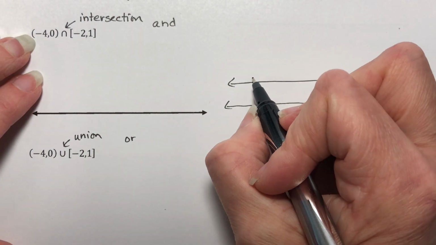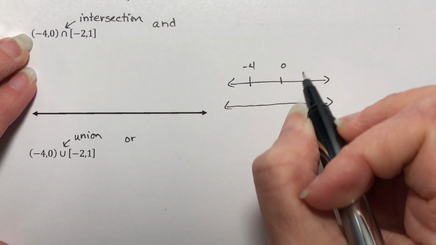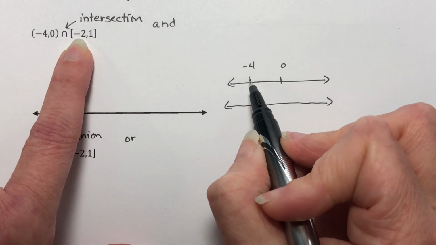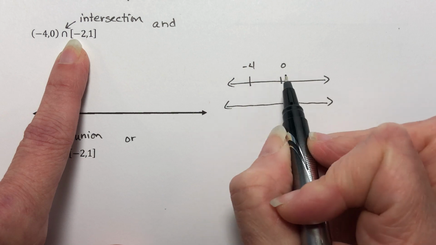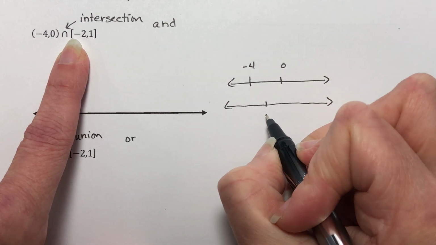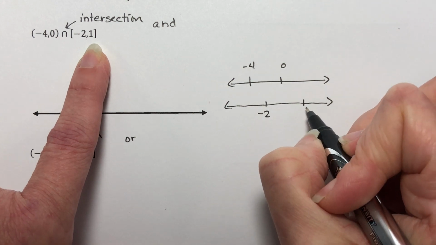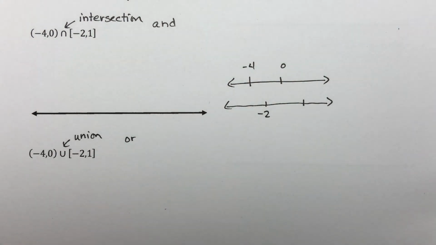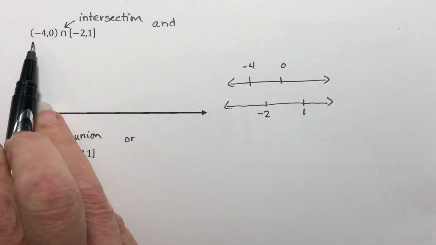So for this first one, I need -4 and I need 0. For the second one, I need a -2, and I don't want to put the -2 over here. I want to put it so that it would be between the -4 and the 0 if I push these 2 things together. And then the same thing with the 1. I want it over here because if I push them together, I want it to be on the other side of the 0.